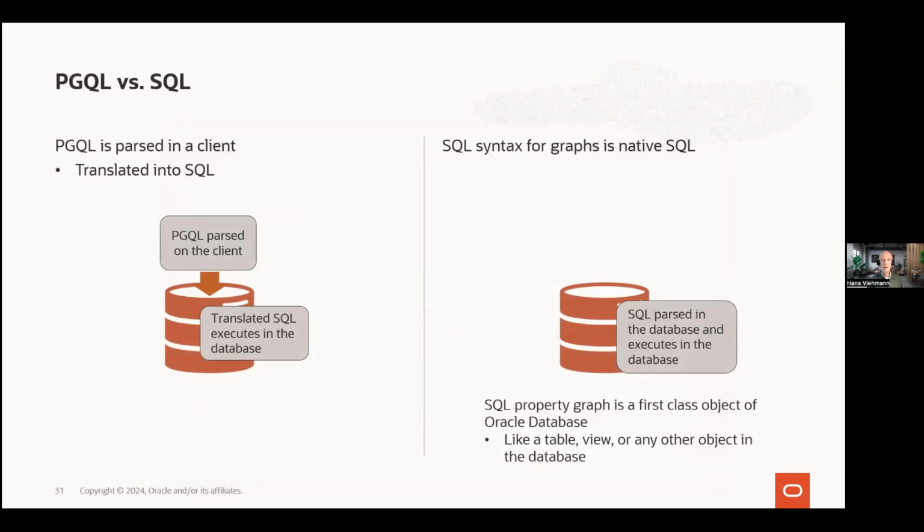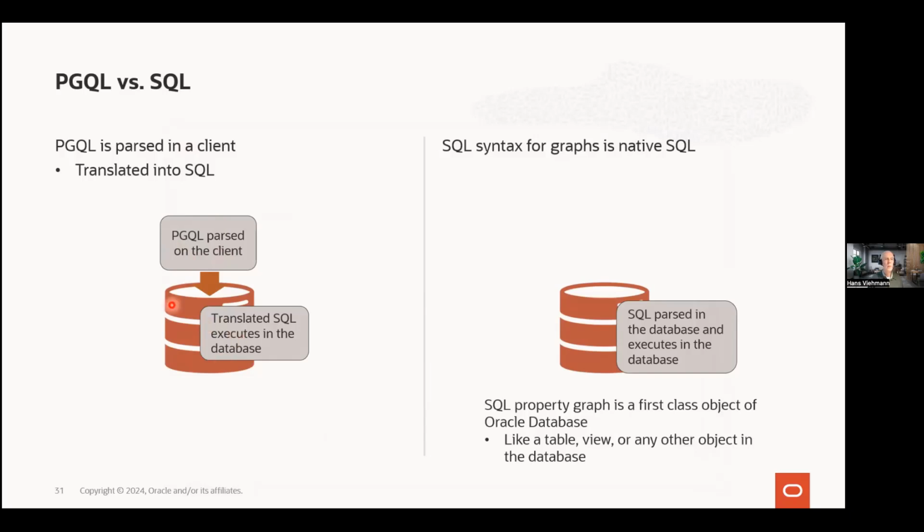So one thing that you just showed is the SQL Developer. How does it know about PGQL and SQL? That's actually a very valid question. Because obviously SQL Developer is primarily for SQL, but what we've done is we have built a PGQL plugin that parses PGQL on the client side, translates it to SQL, and then runs SQL on the database.